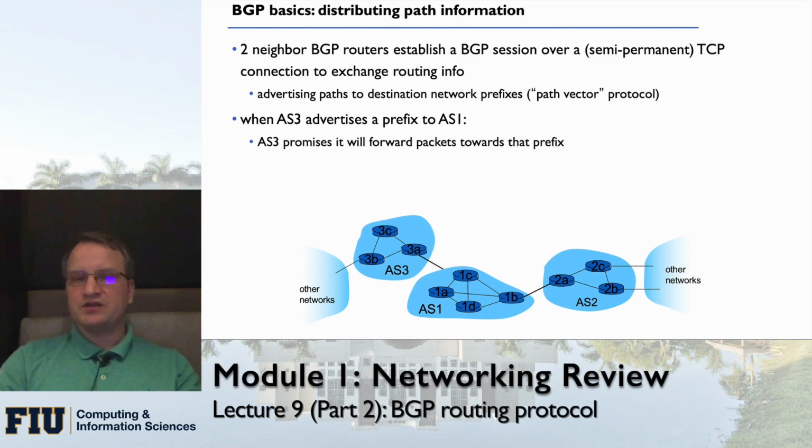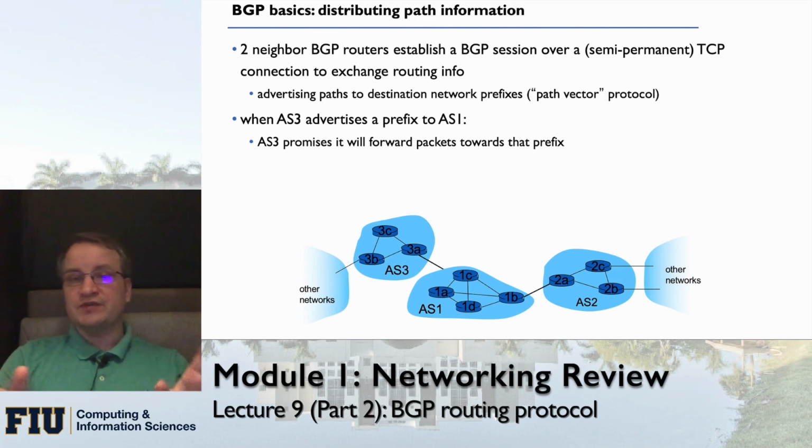The path can be reasonably large, but it is an explicit path. And there is one trick: ASes have a little bit of control over how long the paths are that they advertise.